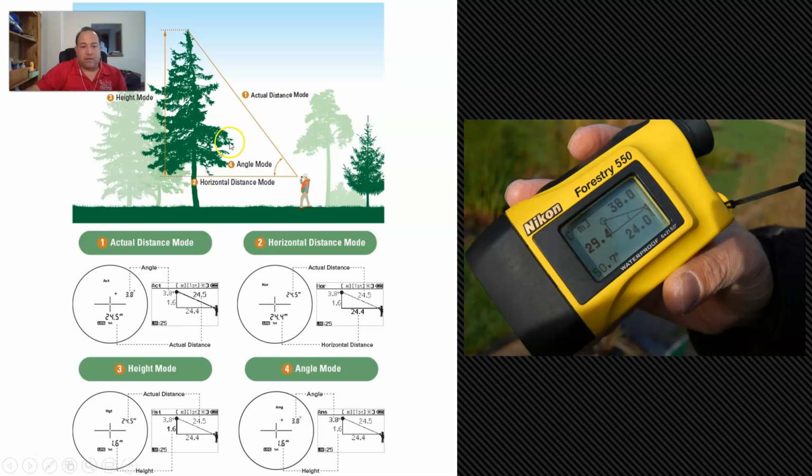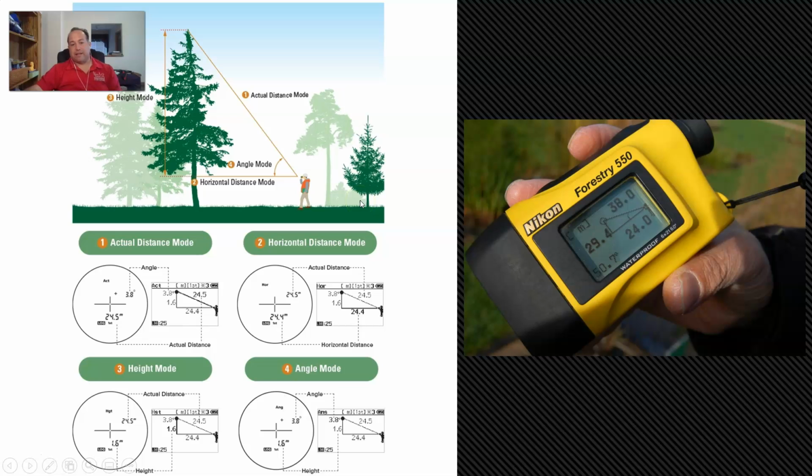But in terms of our height, you've got your height mode, which is down here at number 3, and we can see it shows us that we got our horizontal distance, our distance to the top of the tree, and then it gives us our height of the tree. We've got a distance mode, a horizontal distance mode, and an angle mode.